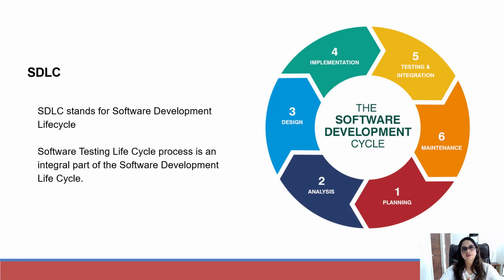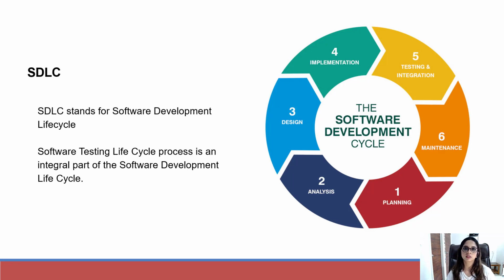Now, the first phase of SDLC is requirement gathering and planning of that requirement. After that, the second phase is about analyzing those requirements and then designing those requirements. What is the designing of requirement? It means you have to convert those requirements into proper documentation to be distributed amongst the team members so that they can start working upon it.